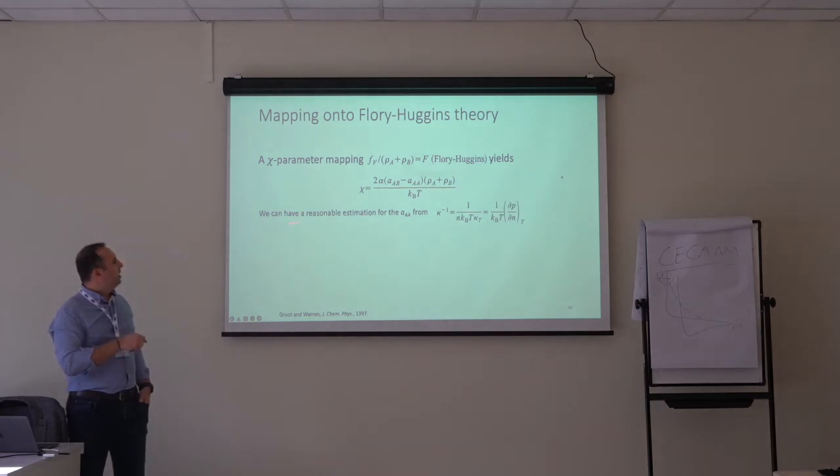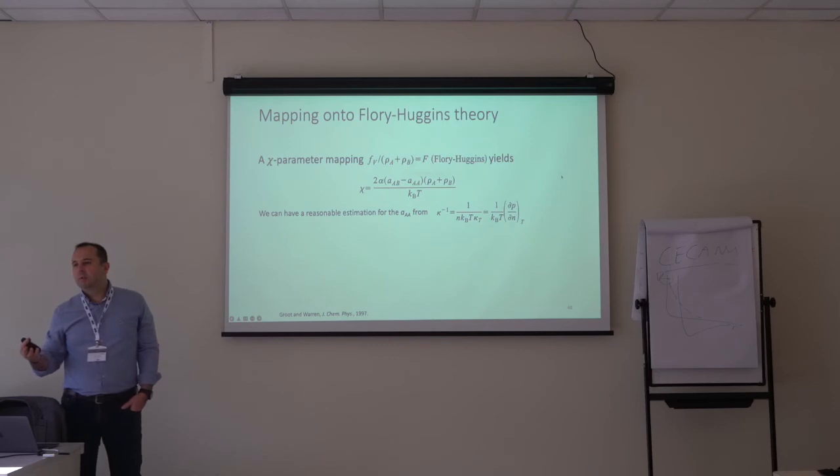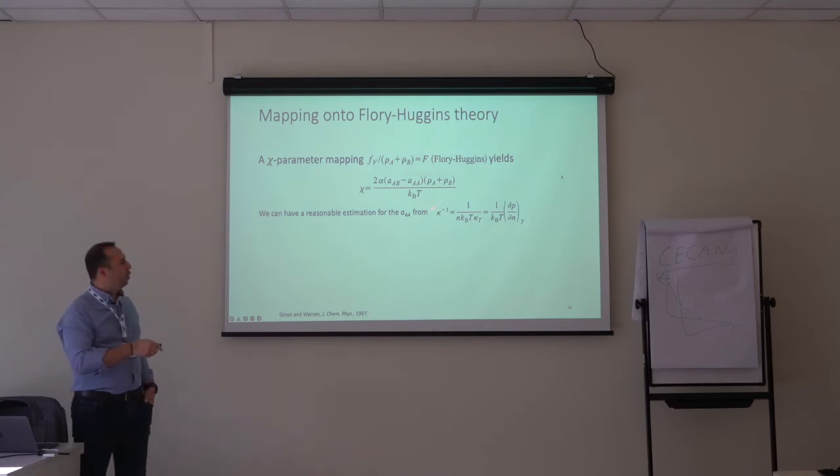So they estimated this AA from experimental data of water. They have the isothermal compressibility data, the dimensionless compressibility from experiments for water. Then, from the equation of state, you have this isothermal compressibility, and you get the alpha and rho from here.